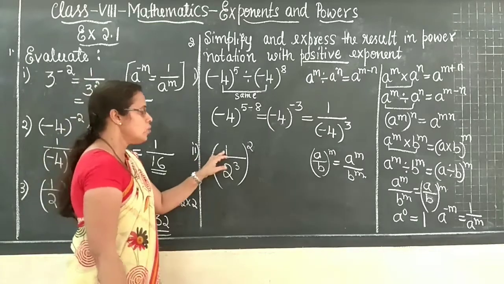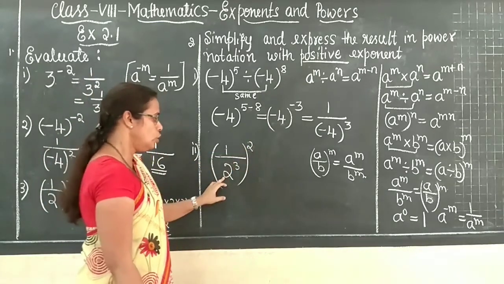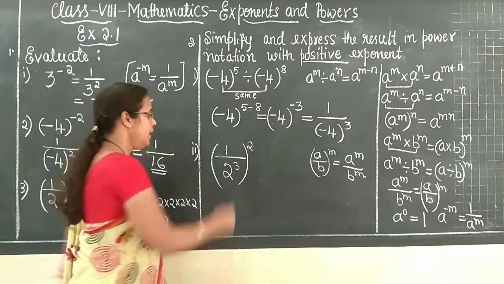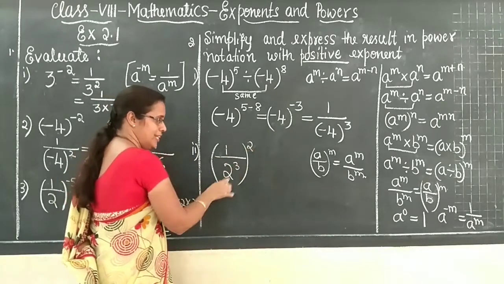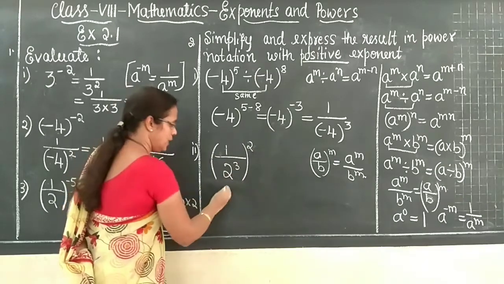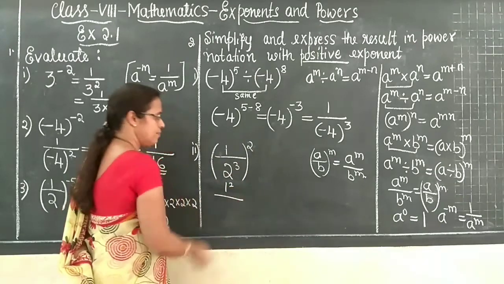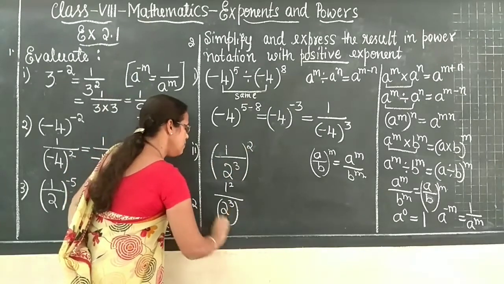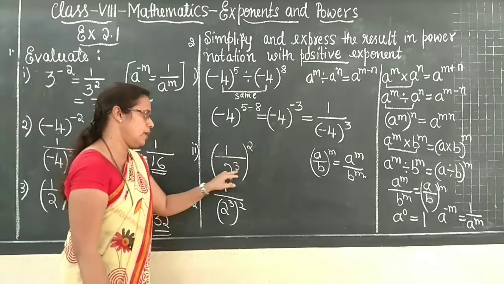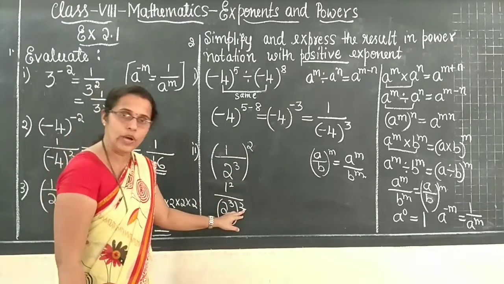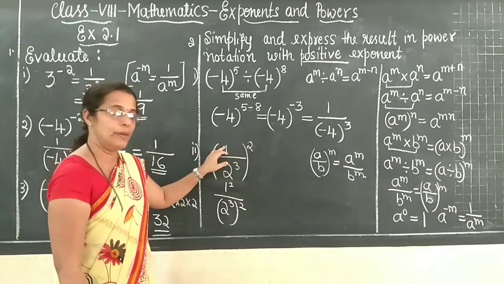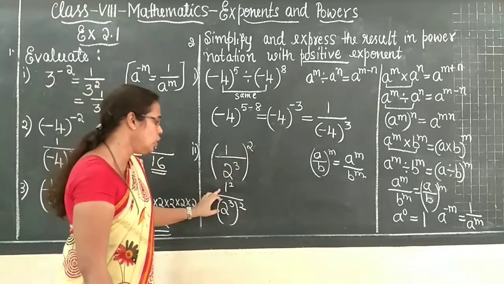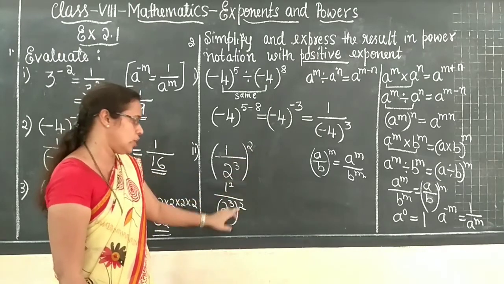In the sense, 1 will become 1 square, and 2 to the power 3 will become 2 to the power 3 whole square. Like this: 2 to the power 3 whole to the power 2. Apply this 2 for both the numerator as well as the denominator. So 1 to the power 2 over 2 to the power 3 whole to the power 2.